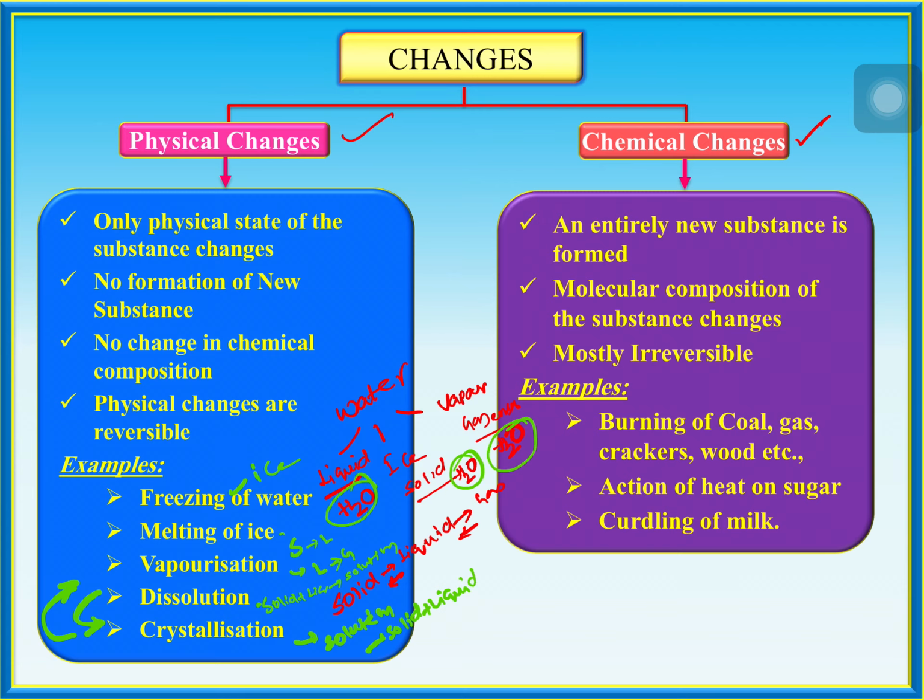When the inside composition is changed, the inside composition of a chemical substance is called molecular composition. When what is there inside changes, its behavior changes. So chemical changes proceed with a change in molecular composition.